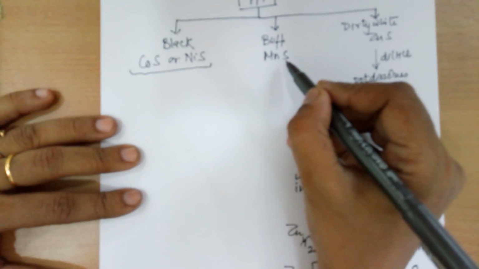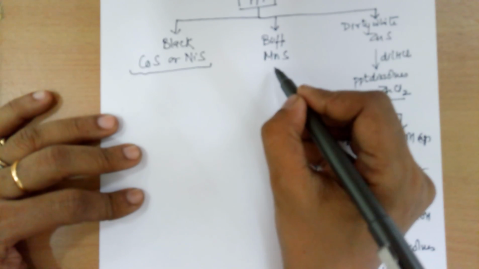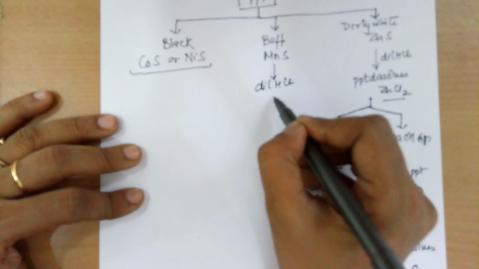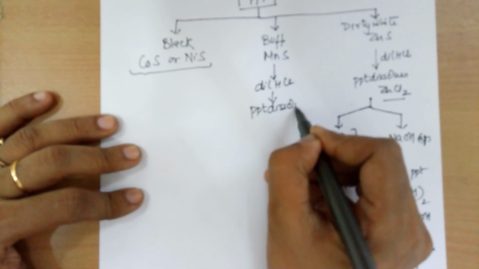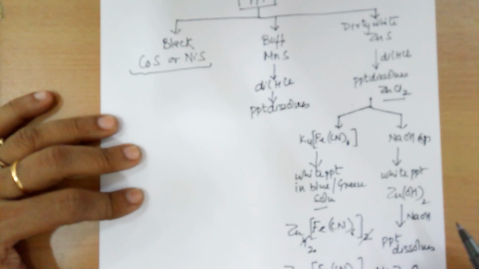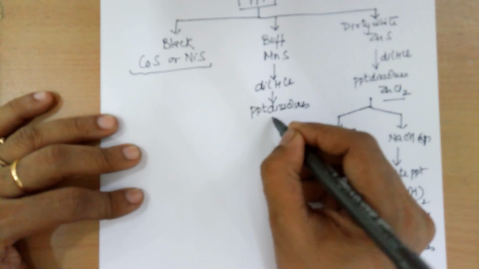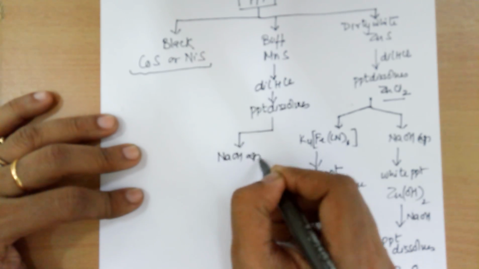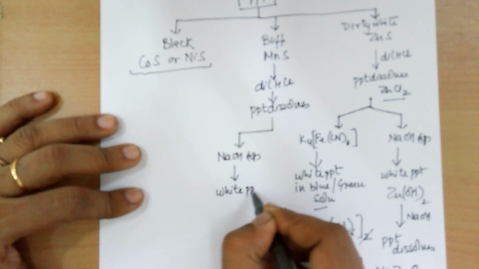Moving on to the buff PPT. But this would happen only if the salt was slightly colored. Once you get the buff PPT, you need to again add dilute HCl to it. The PPT dissolves. Once the PPT dissolves, you then need to add NaOH to it. You would find a white PPT reappearing.